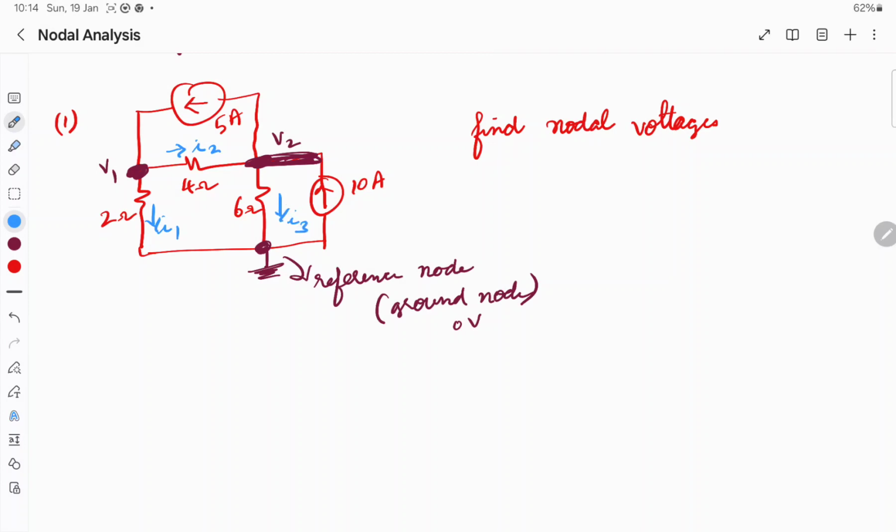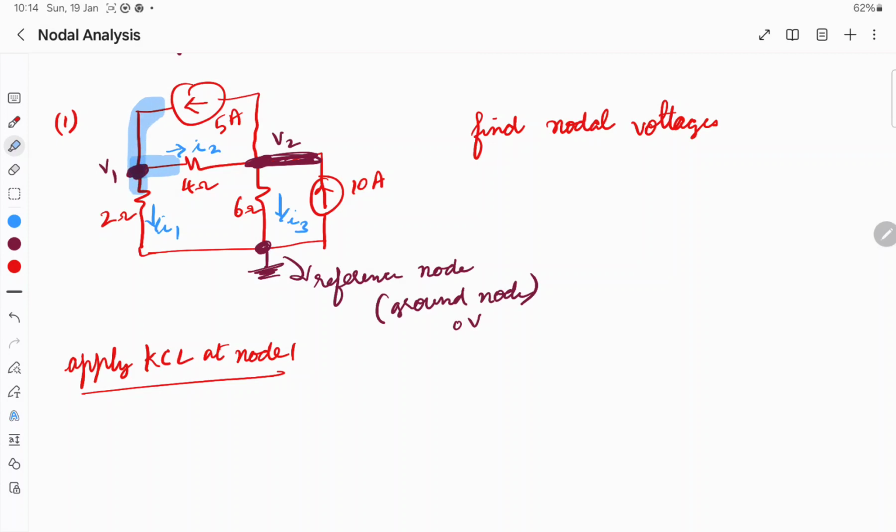So we apply Kirchhoff's current law at node 1. What is node 1? This entire thing is node 1.